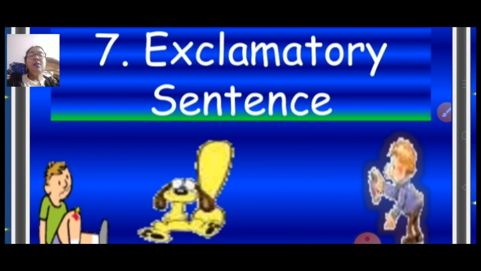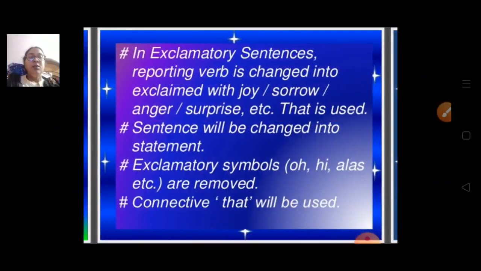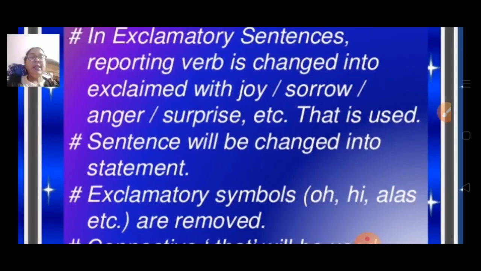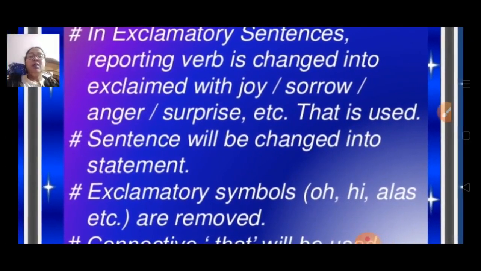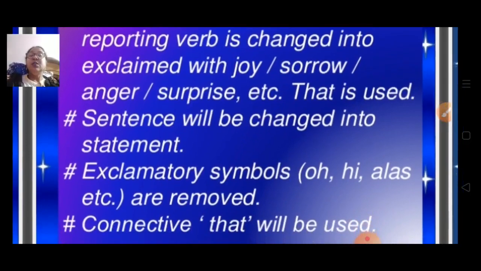These are shown by an exclamatory sentence with the help of the exclamation mark. In exclamatory sentences, the reporting verb is changed into exclaim with joy, sorrow, anger, surprise, etc., and the sentence will be changed into a statement.